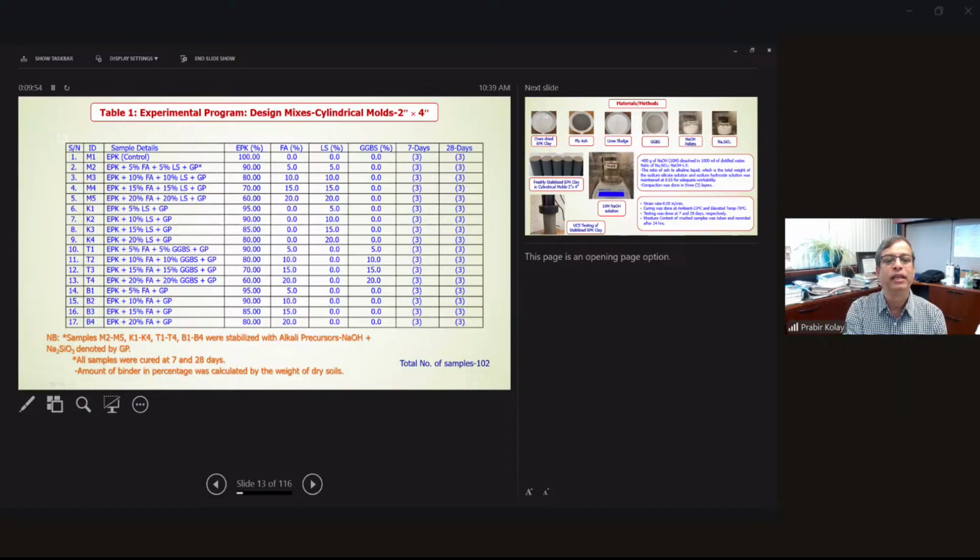The second one, M3, is EPK clay plus 10% lime sludge, 10% fly ash, and geopolymer. Then we used 10, 15, 20, same thing for lime sludge, where we changed only the lime sludge percentage. So basically we used only lime sludge and geopolymer. We used fly ash plus lime sludge with geopolymer, and fly ash plus geopolymer, GGBS and geopolymer. So with the different combinations, we check which one is more suitable. Okay.